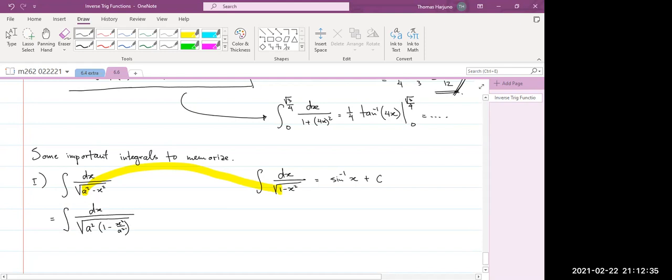You see that? Which I will rewrite as, on the denominator, square root of a squared becomes a, so 1 over a integral dx over square root of 1 minus x over a quantity squared.